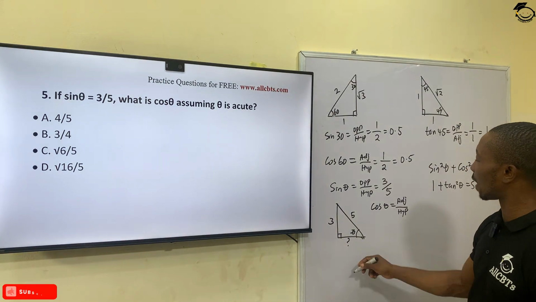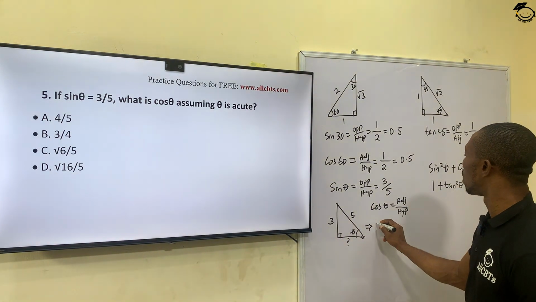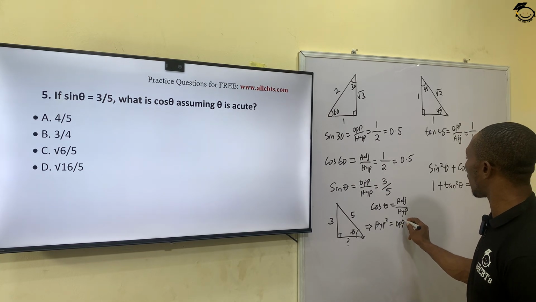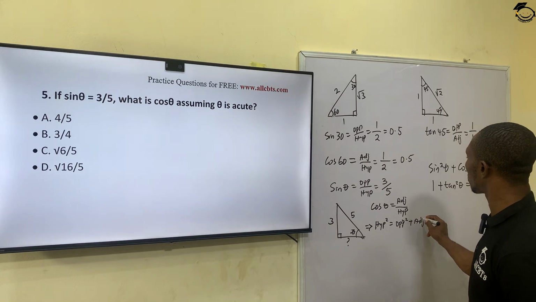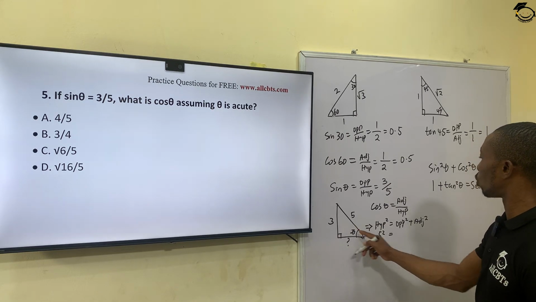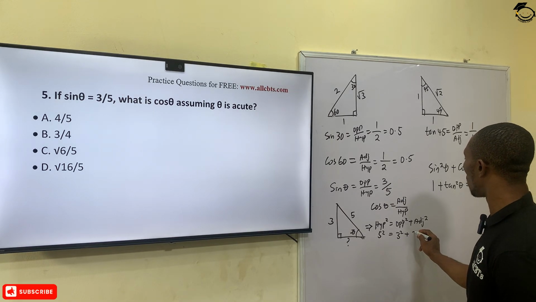Now, we need to find our adjacent. For us to get our adjacent, we apply the Pythagorean theorem, which says hypotenuse squared equals opposite squared plus adjacent squared. So 5 squared equals 3 squared plus our unknown x squared.